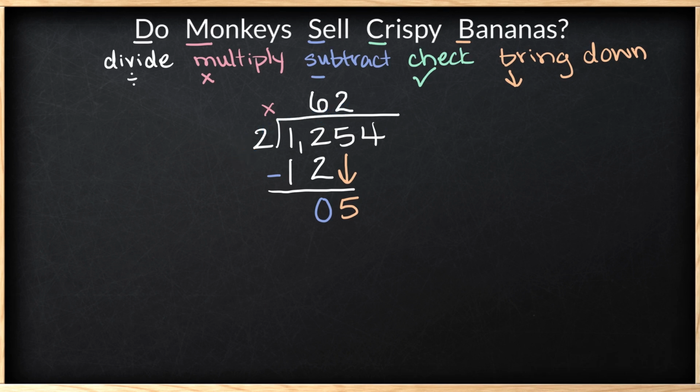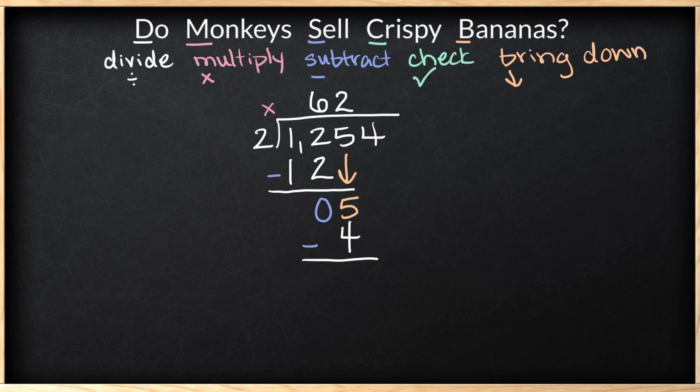2 times 2 is 4. Make sure to line everything up correctly. And then we go to the next step, which is to subtract. I will subtract my 5 minus my 4.